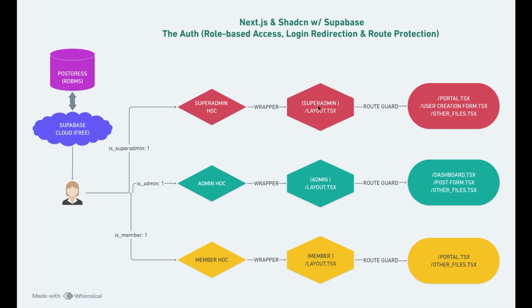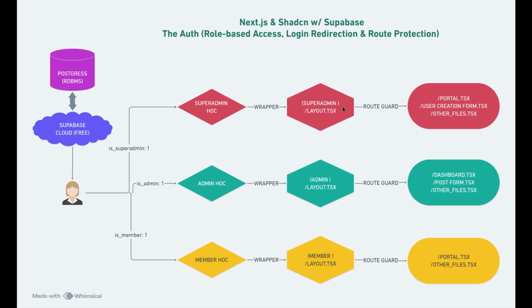And if you know a little bit about the Next.js app router, then you know that we can now group the routes by using just these parentheses around the folder name. Like, for example, the super admin, admin, and member.